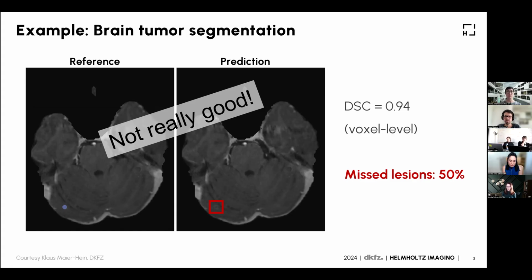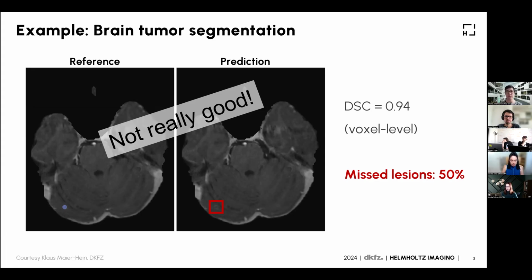However, from an object level or lesion level perspective, however you would like to call it, this algorithm is systematically missing like half of the lesions. So the Dice is a good example of being a very bad metric to represent this clinical question and data set.